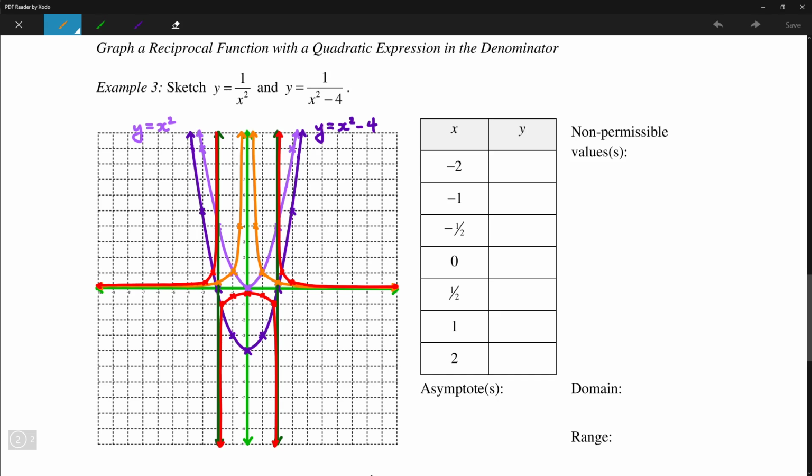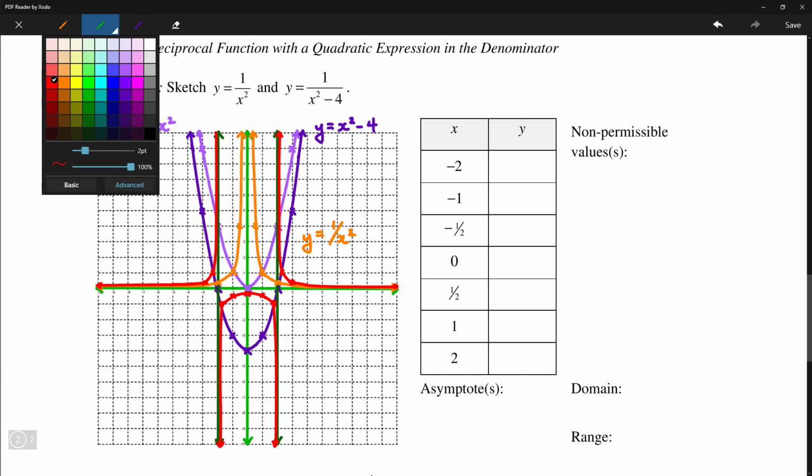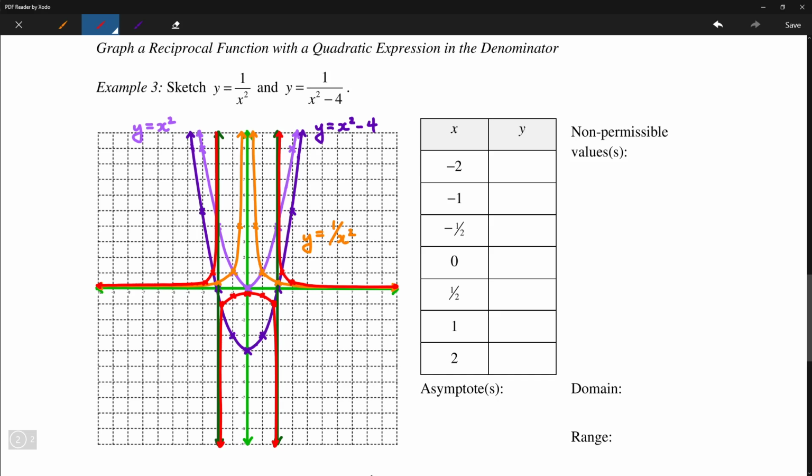All right, it also helps to maybe label everything. So the orange graph is y equals 1 over x squared, and the red graph is y equals 1 over x squared minus 4.